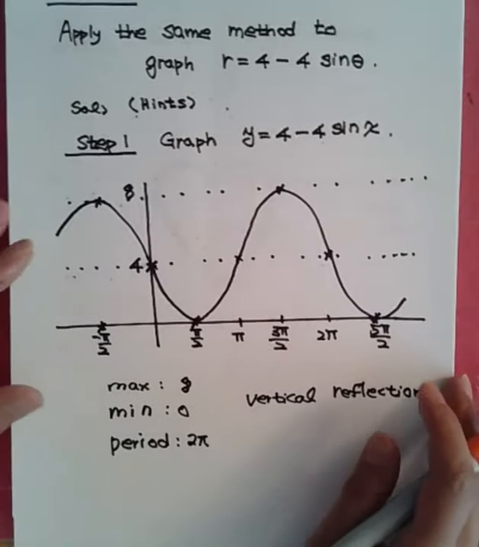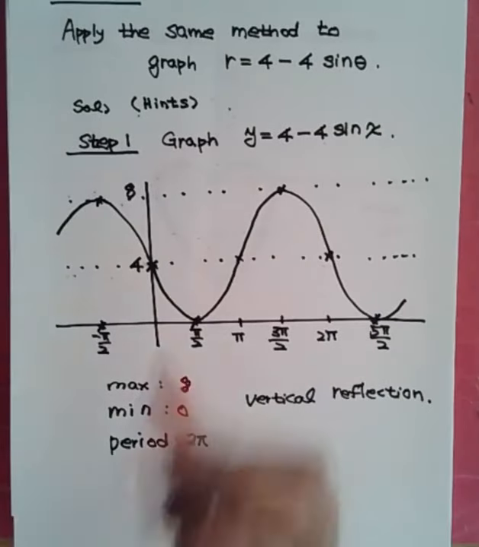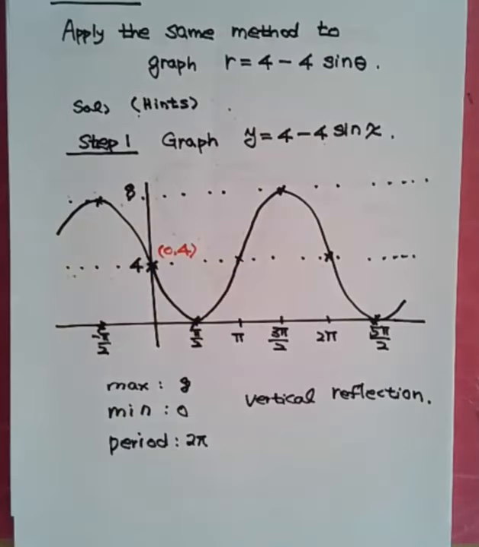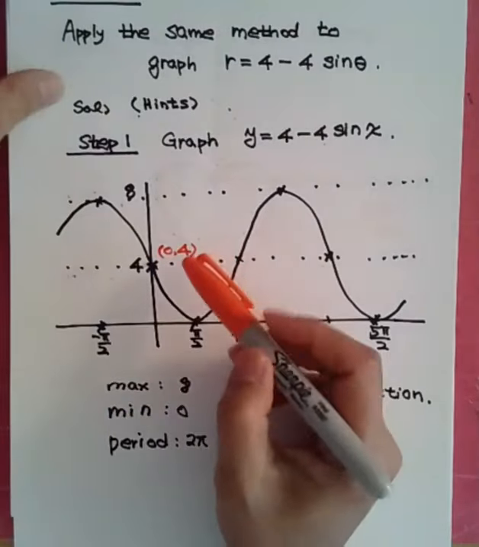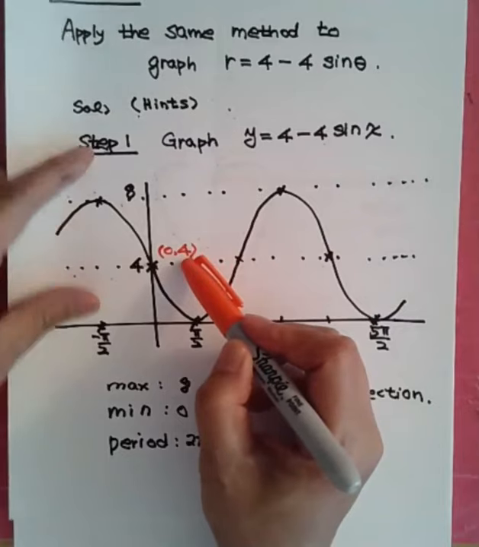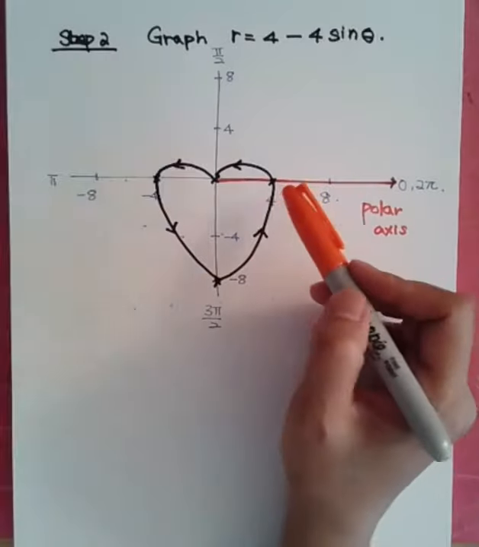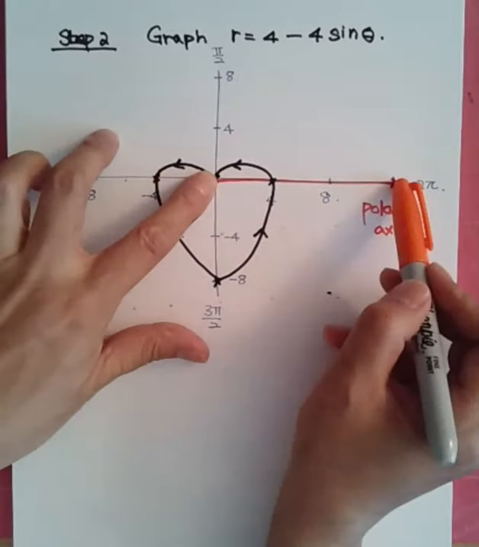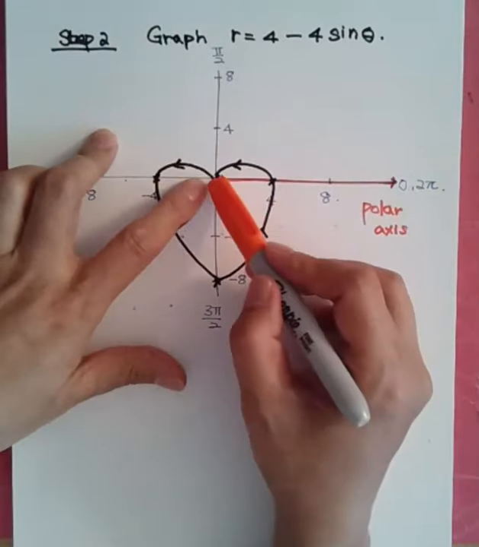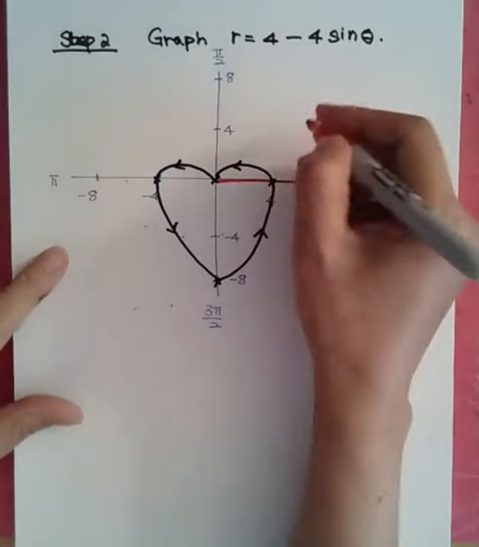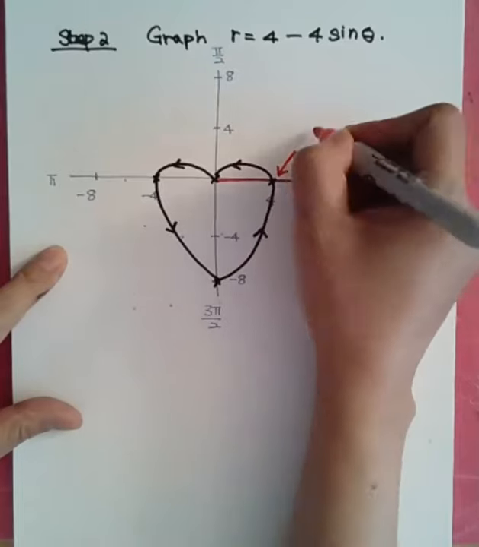This graph starts at 0 and 4. When the angle value is 0, the function value is 4, so the distance will be 4. Angle value is 0, the distance from the origin will be 4, so we start from here.